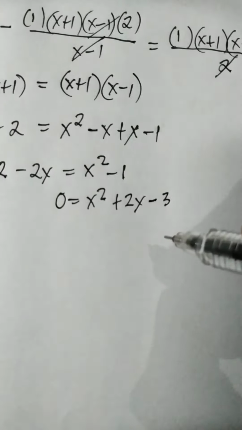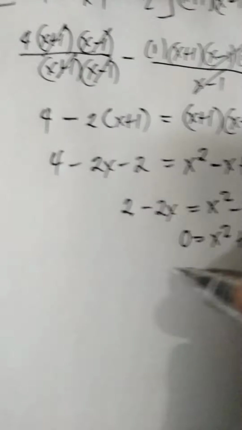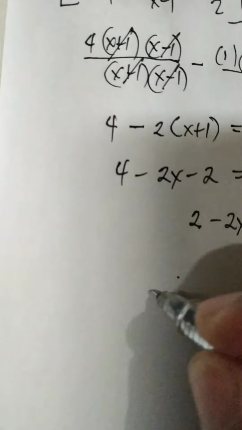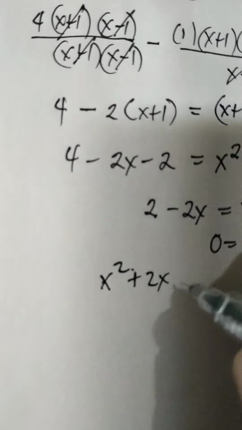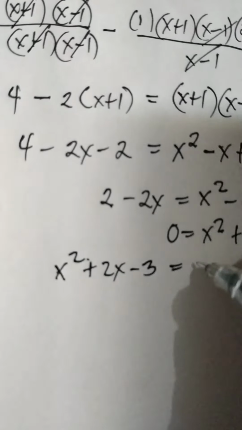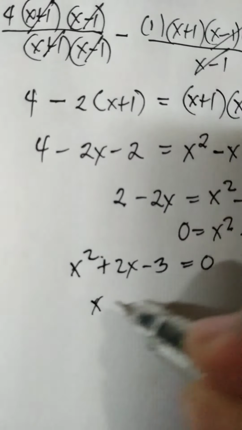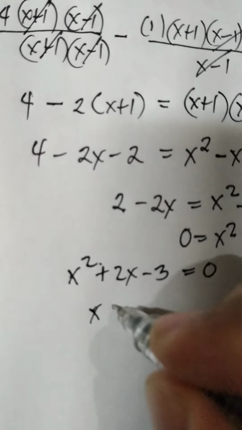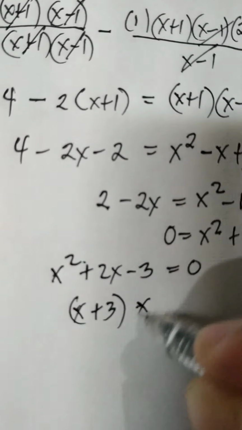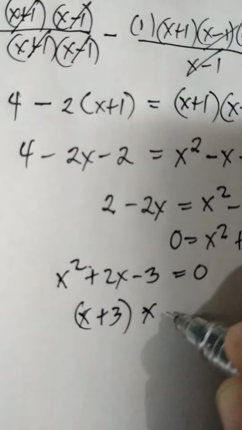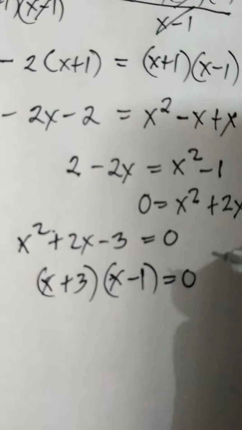So, to solve for the value of x now, we have to factor this. We have x squared plus 2x minus 3 equal to 0. The factor for this one is x plus 3 times x minus 1, equal to 0.